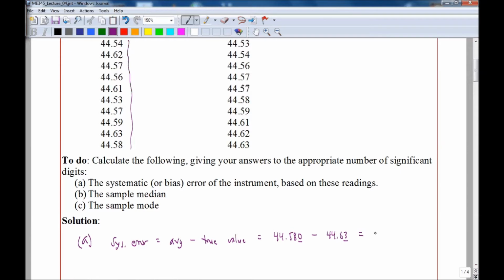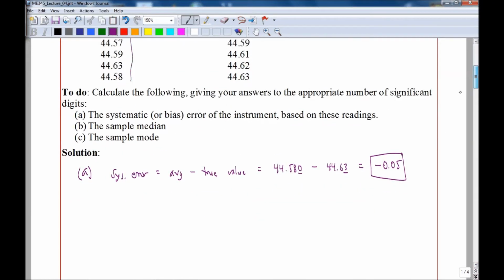So our systematic error is negative 0.05, and notice that the systematic error has only one significant digit when we do the proper significant digit evaluation in our answer.